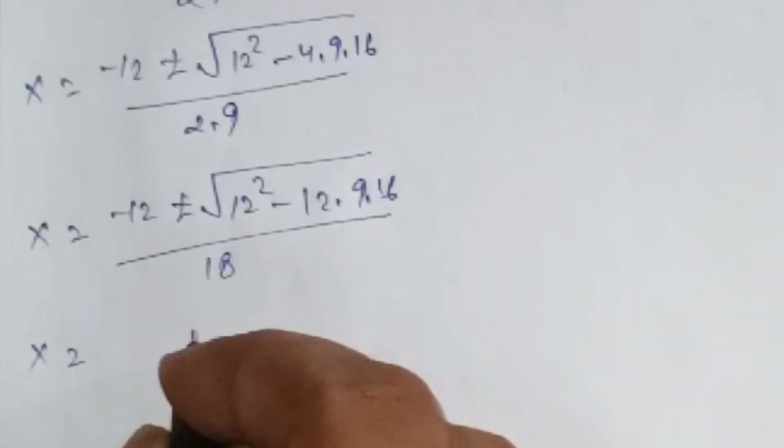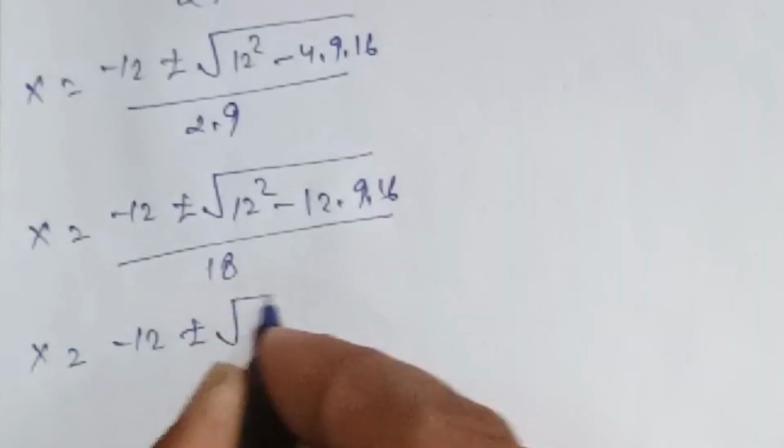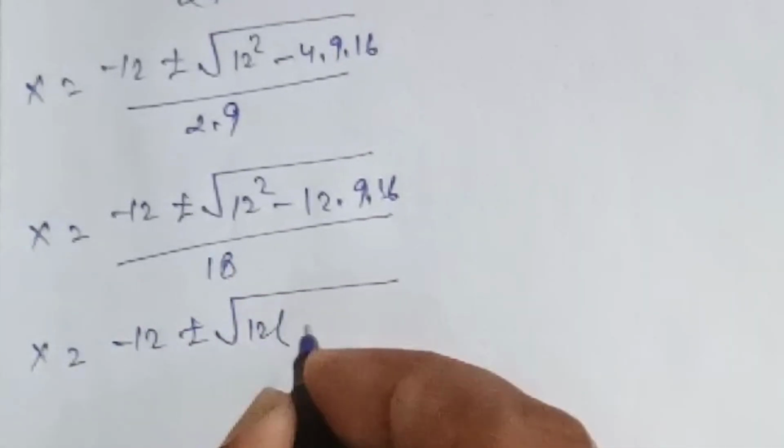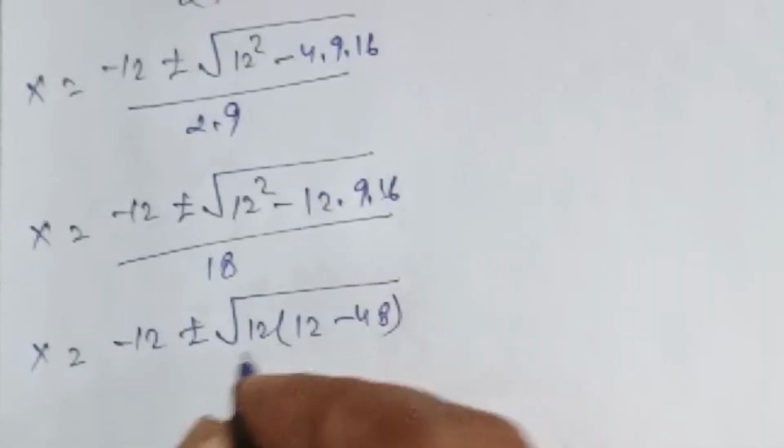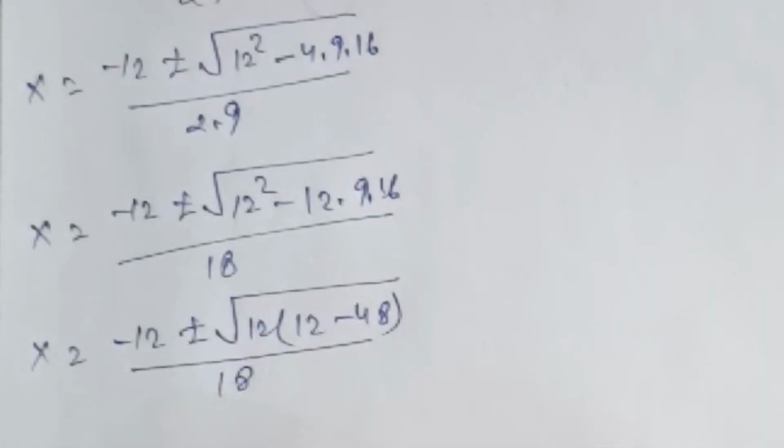Therefore x is equal to minus 12 plus minus root under, take common 12, left here (12 minus 48), divided by 18.